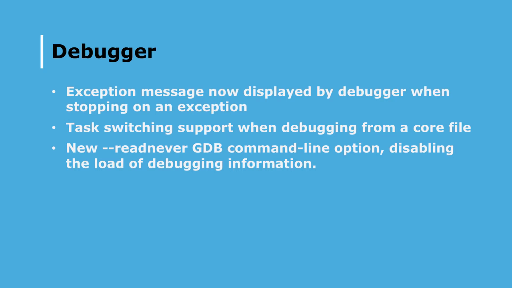Concerning the debugger, we've added a few improvements. In particular, the exception message associated with an exception occurrence is now displayed in the debugger when you break on an exception. It's now also possible to switch from one task to another when debugging a core file. Previously it was only possible when debugging a live executable, and now if you do post-mortem debugging on a core file, you can also inspect values and the various stacks from the debugger.